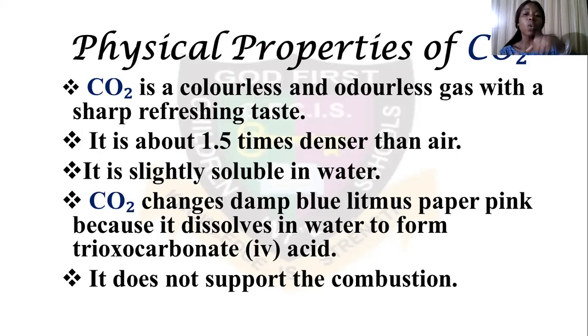So that water reacts with the carbon 4 oxide to give us trioxocarbonate 4 acid, which turns that blue litmus paper pink. I know pink is close to red, and trioxocarbonate 4 acid is a weak acid. That's why the color is pink, which is also close to red. So carbon 4 oxide changes blue litmus paper pink.